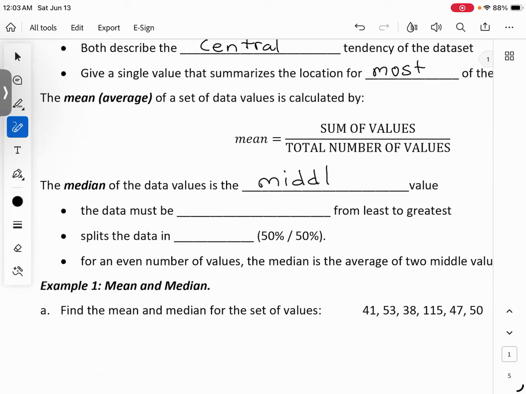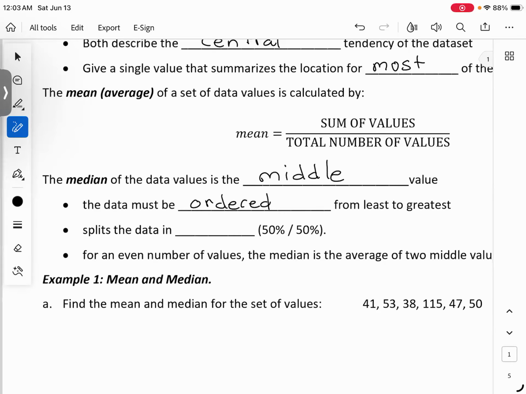Now, it's a procedure, and part of that procedure requires you to first put the numbers from least to greatest. In other words, they need to be ordered. So if we're doing height, we put the shortest person all the way up to the tallest person. Whoever's in the middle would be the median height.